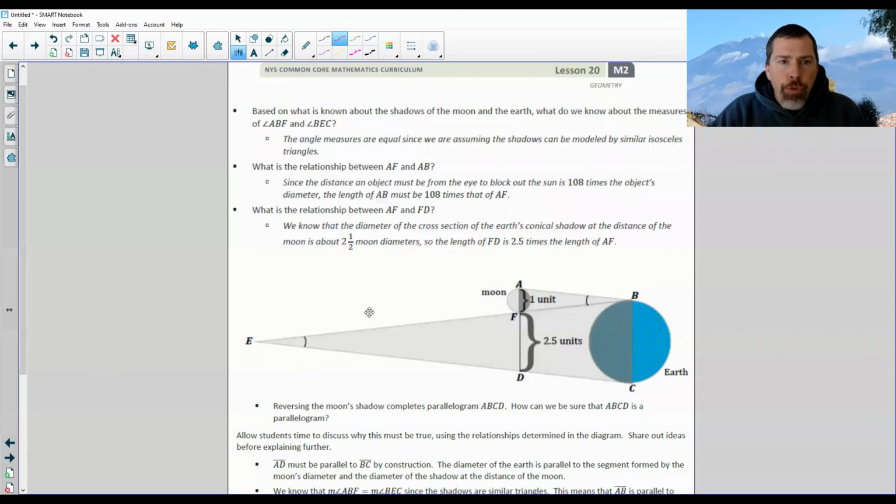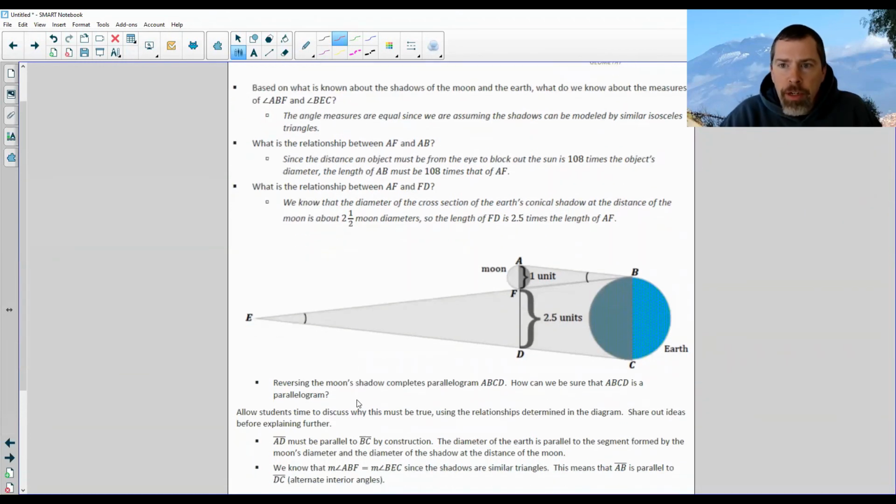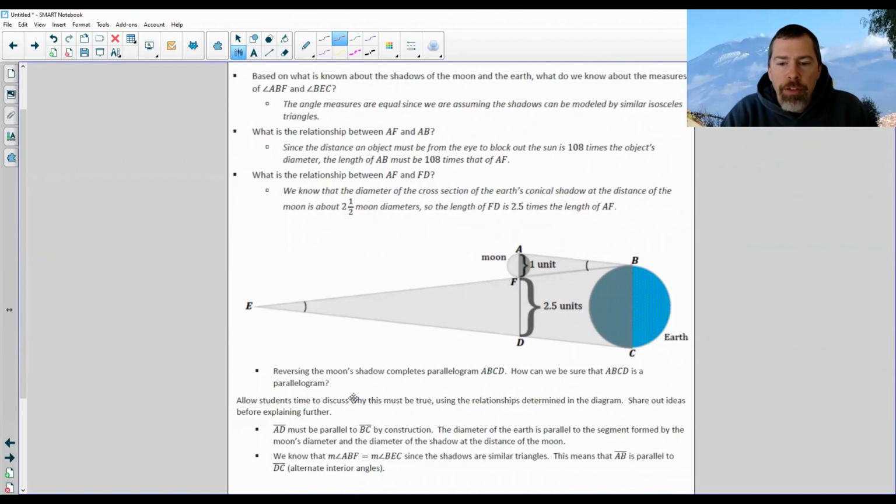All right, page 2, this does not look like anything in your book because I just brought in everything we need to discuss before we focus on what they're asking on page 2. So it says, based on what you know about the shadows of the moon and the Earth, what do we know about the measures of angle ABF and angle BEC in this diagram below?